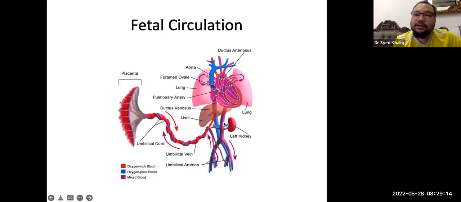And how does blood from here get oxygenated again? It will go in via the two umbilical arteries into the placenta to get oxygenated again by the mother.